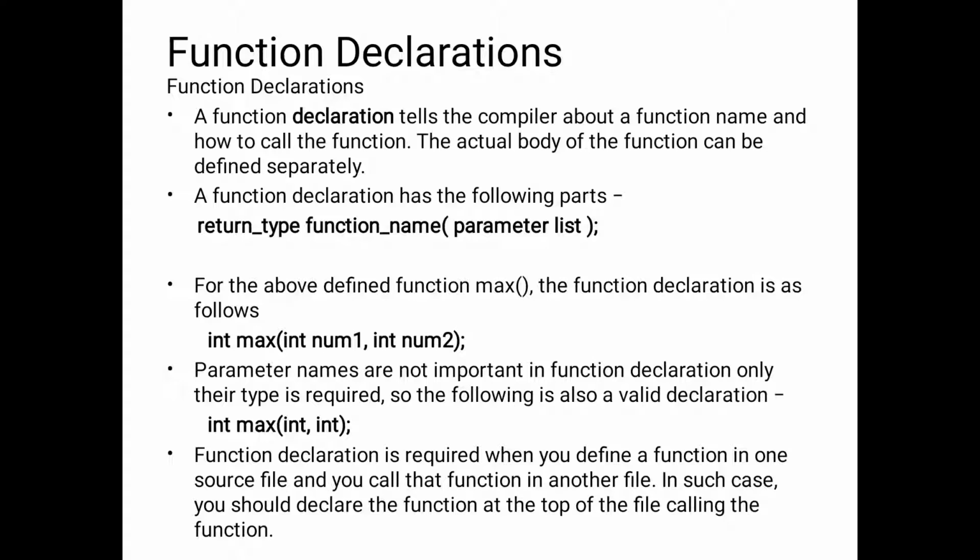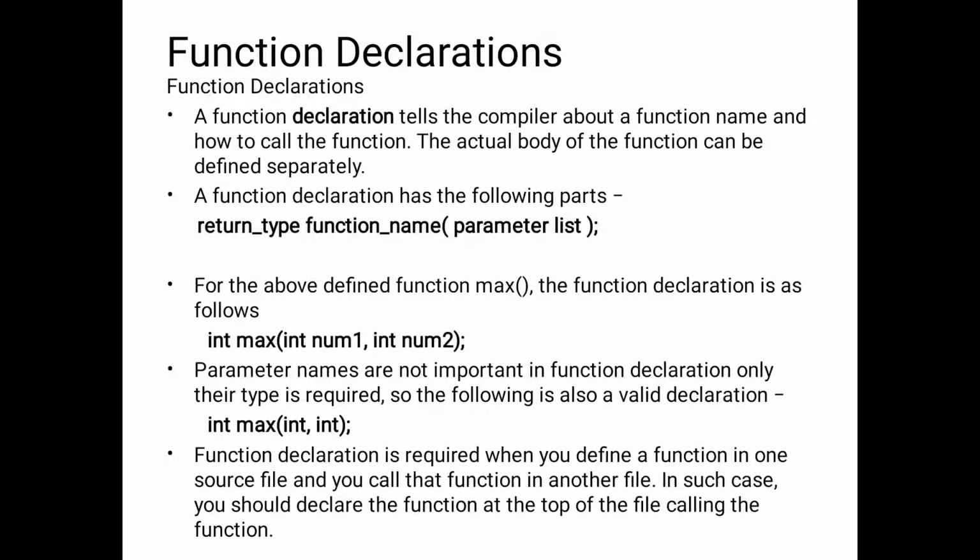For the defined function max, the function declaration is as follows: int max(int num1, int num2). Parameter names are not important in the function declaration, only the type is required, because num1 and num2 may be of float or of int.